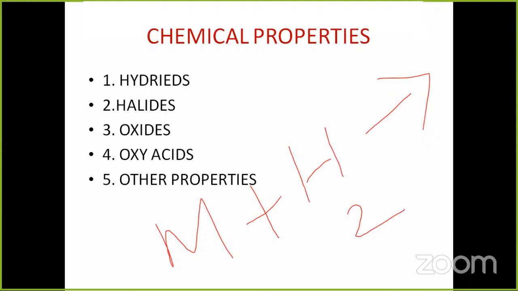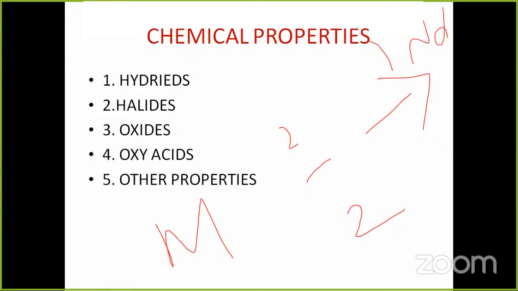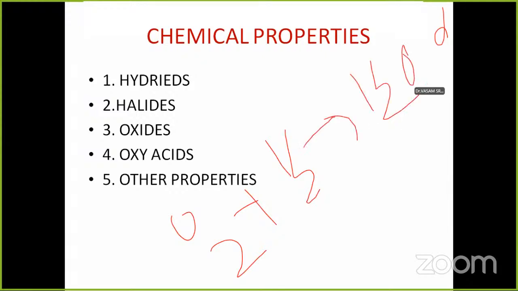Simply, hydride means reacting with hydrogen. The best example: nitrogen reacts with hydrogen and gives NH3, a hydride of nitrogen. Take oxygen, O2. Oxygen interacts with hydrogen and gives H2O, called a hydride of oxygen.